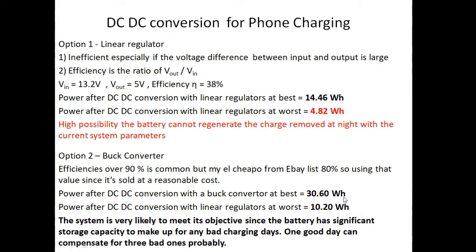We didn't know the end result before we started. Before all of this, we suspected that yes, we had the power in there, but before the maths was worked out, it was not known. Now that we've done all the maths, we've looked at our worst case and our best case, and we've seen that using a buck converter, we can in fact meet our objective.